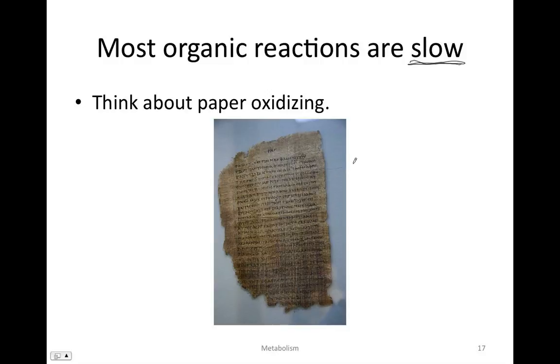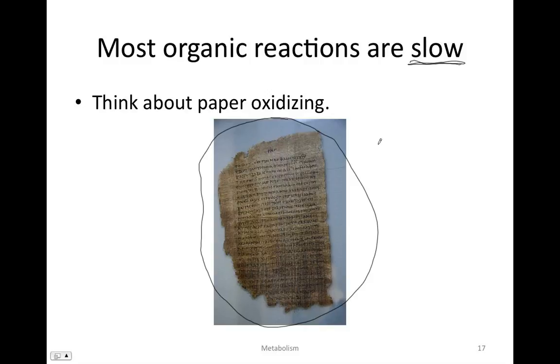If you take that piece of paper that's in front of you and look at it in a few hours or a few days, you won't notice that it's any different. But what if you come back and look at it in a few decades, or a few hundred years, or like this piece of papyrus paper, in a few thousand years? This paper has been oxidizing for thousands of years, and it's literally falling apart because it is turning into carbon dioxide and water.